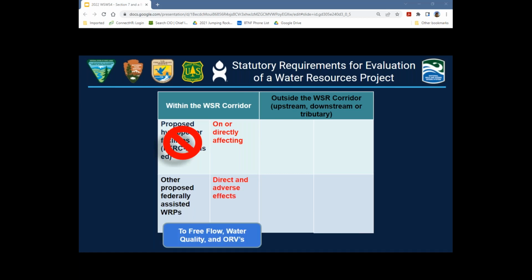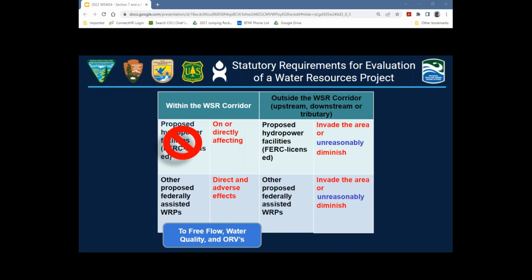What we're evaluating is the free flow, the water quality, and the ORVs, outstanding remarkable values. Whether it's upstream, downstream, or up a tributary, for a FERC project the standard would be invade the area or unreasonably diminish. For other water resources projects, it would be the same, invade the area or unreasonably diminish. But the standards are different.